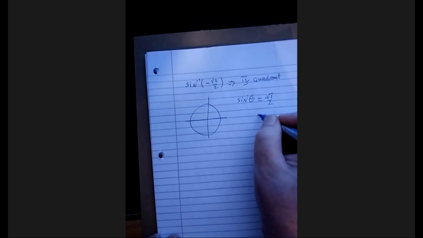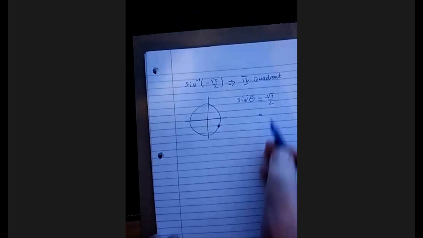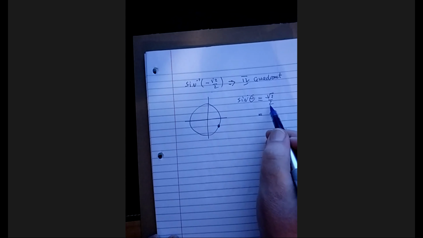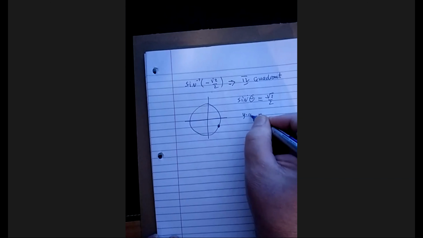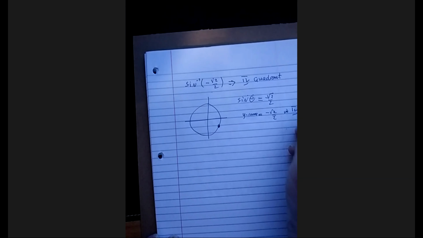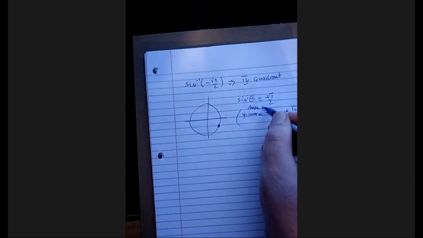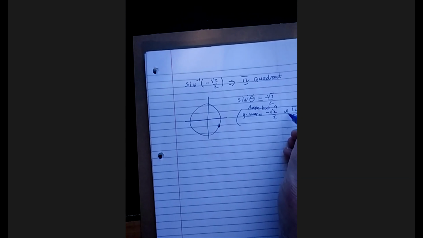Now, when you are looking at a sine, is it the x or the y coordinate that is negative root 2 over 2? It's the y. Right, so you're looking for a y coordinate that's negative root 2 over 2, and it's in the fourth quadrant. So you're going to look for what angle has a y coordinate of this thing, and it's in the fourth quadrant.